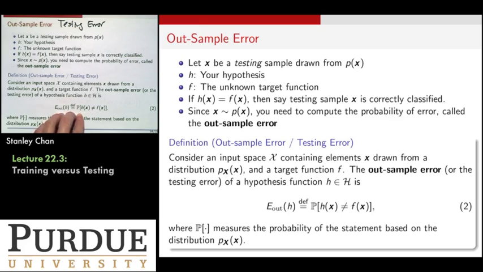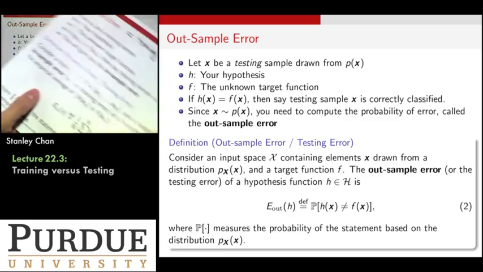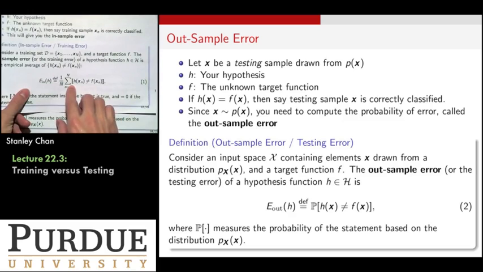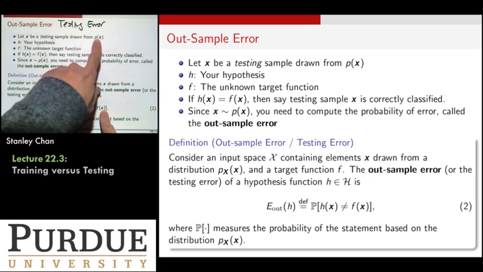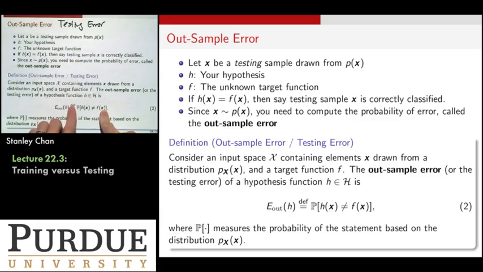Okay, you should measure the probability, and this probability is, what is the probability that H(X) is not the same as your F(X)? This is actually very similar to what I'm defining here. Here you have the indicator function of h not equal to f. Here you also have h not equal to f, but you are evaluating on all the samples coming from your entire P. And I'm looking at the probability. Okay, that will define my out-of-sample error.